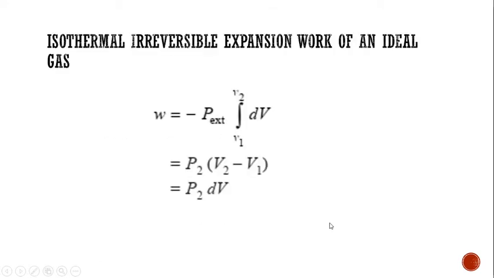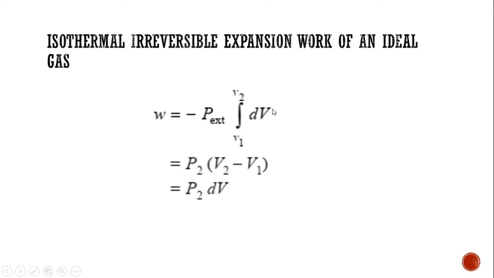Similarly, we can also calculate the work done for irreversible expansion. For that, we apply the same integration operator inside the pressure volume work, as this external pressure is dependent upon P2. So this external pressure has been replaced with P2 by applying the integration on this change in volume.